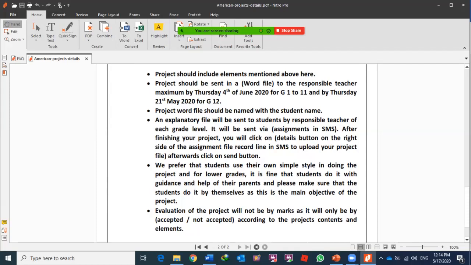Of course, the deadline for grade 12 especially is 21st May. And this means you have this week only. The project Word file should be named with the student name because it's individual research. Of course, you have details about the research in the SMS.